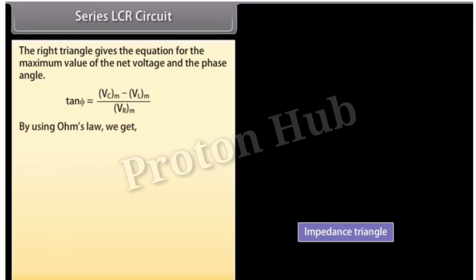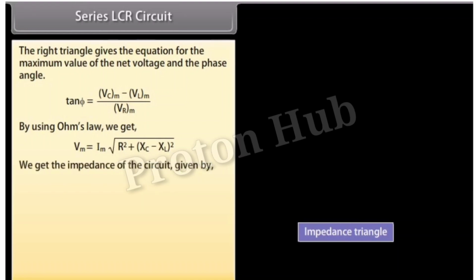By using Ohm's law, we get Vm is equal to Im multiplied by under root of R square plus XC minus XL square. We get the impedance of the circuit given by under root of R square plus XC minus XL square.